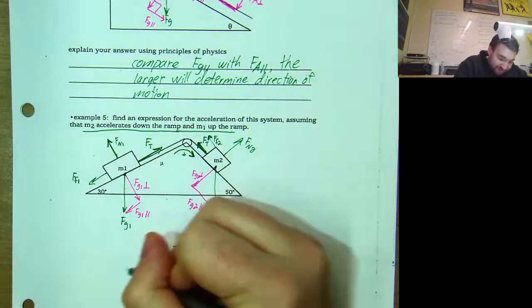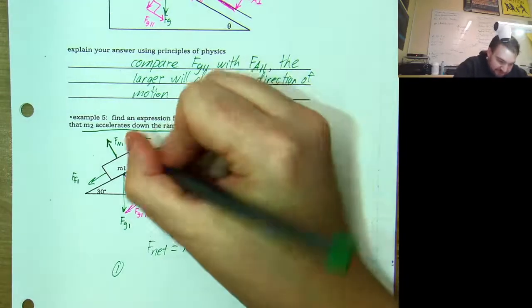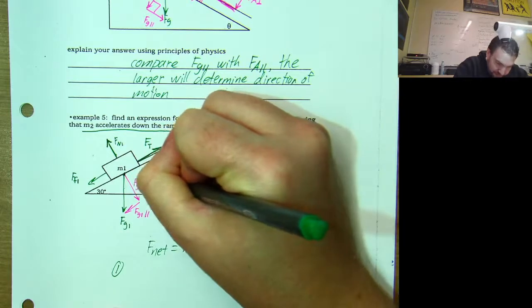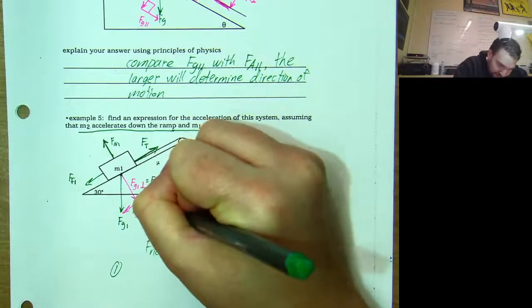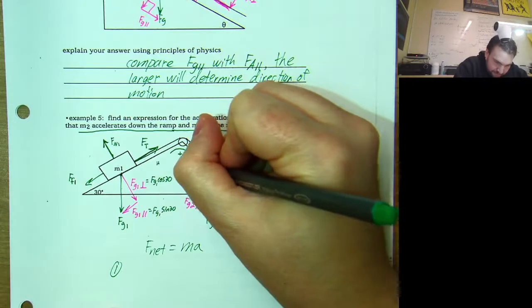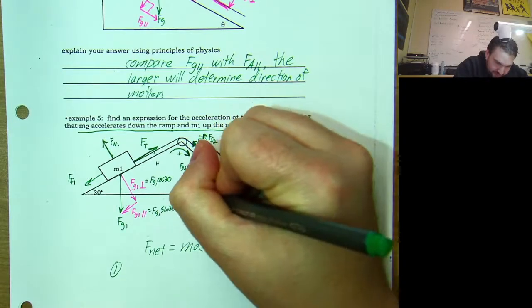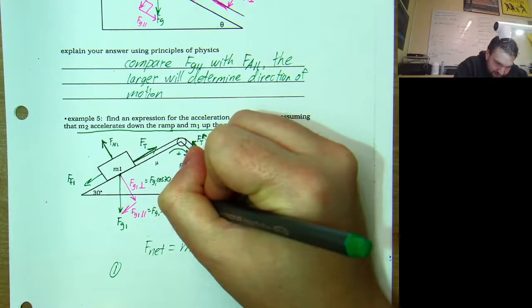We don't have any values, but that's okay. Actually, I'm going to put some stuff in here. This is going to be Fg1 cos 30. This is going to be Fg1 sine 30. This one is going to be Fg2 cos 50. And this guy is going to be Fg2 sine 50.